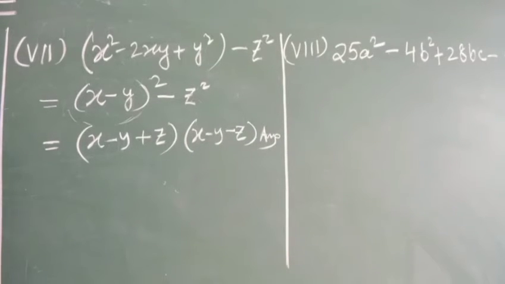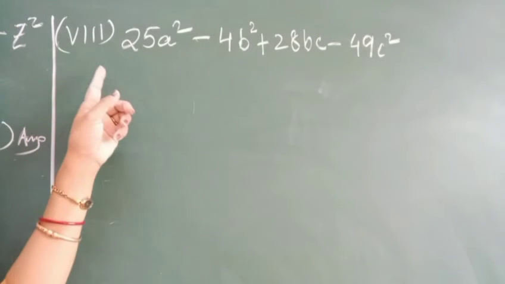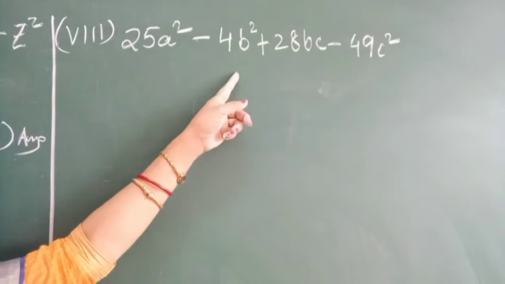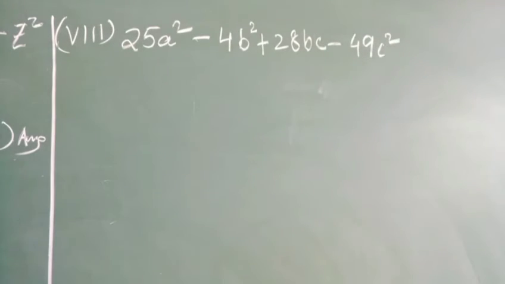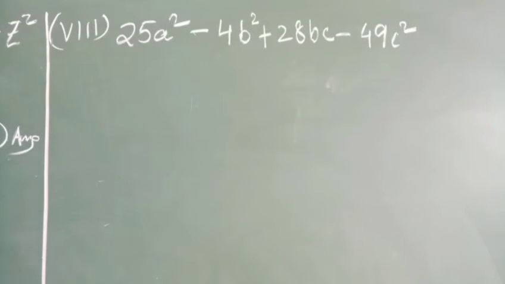Next sum. Look at this question number 8. 25a square minus 4b square plus 28bc minus 49c square. So what will you do? Try to find out, is there any identity in which we can fit it?